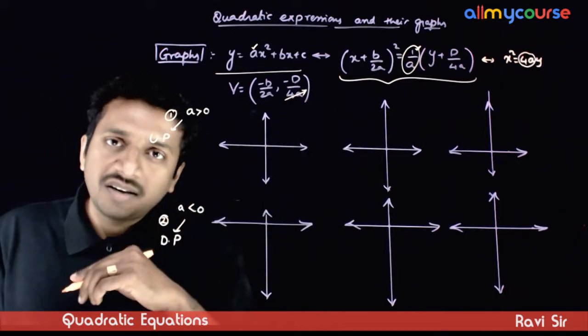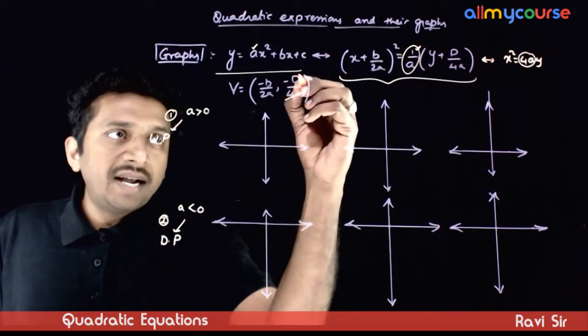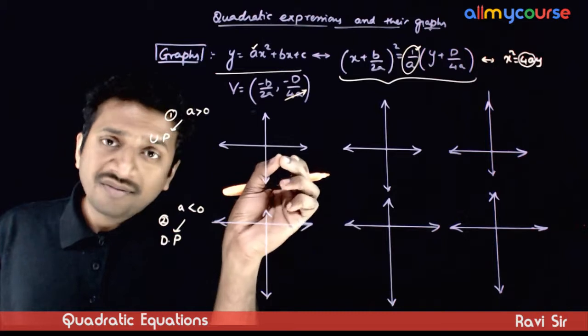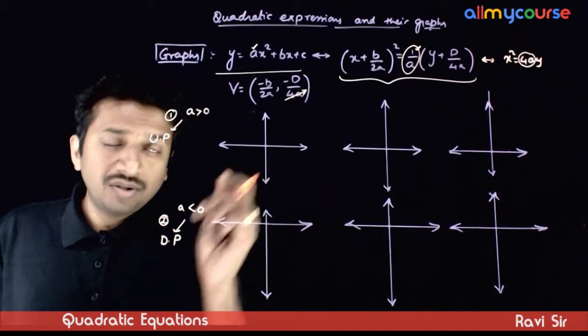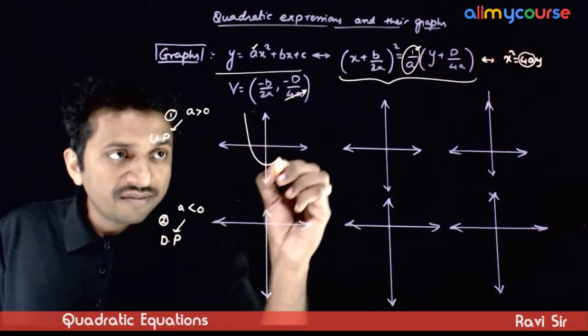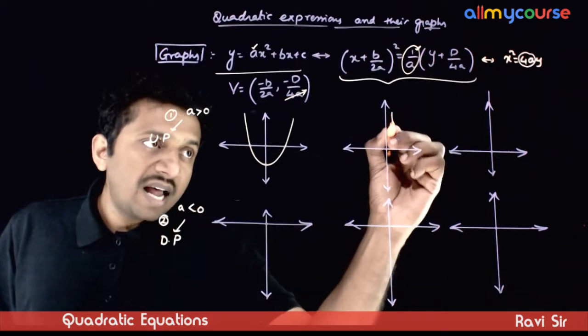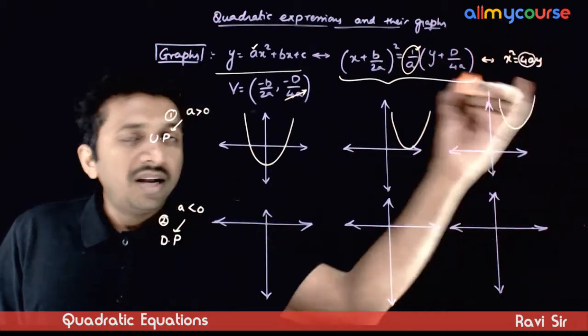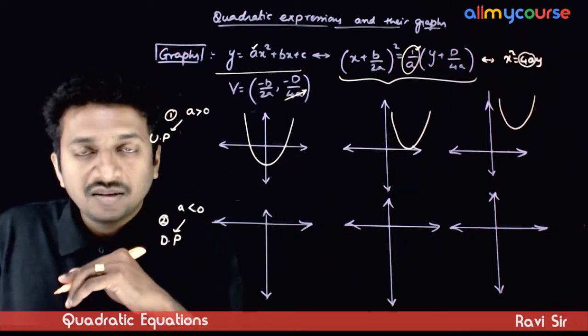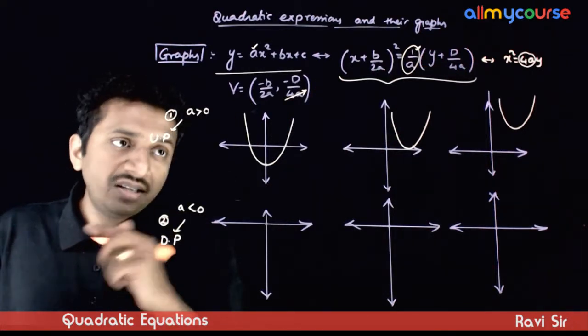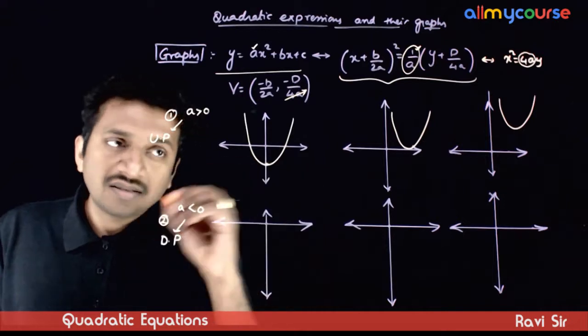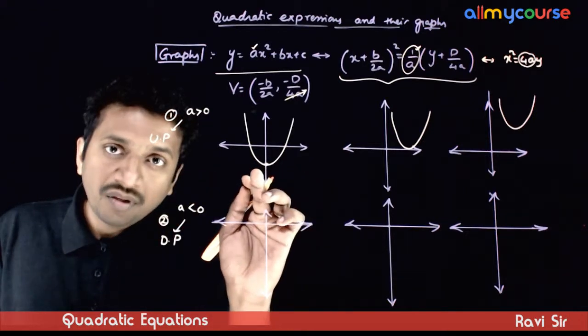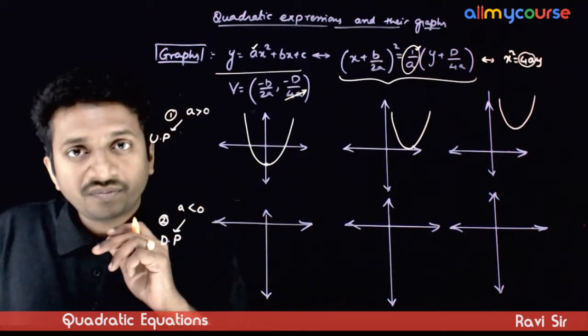So if a is greater than 0, there can be 3 possible graphs. The graph might cut x-axis, the graph might touch x-axis and go, or the graph might lie completely above x-axis. So as you can very clearly see, if it cuts, the y-coordinate of the vertex has to be negative.